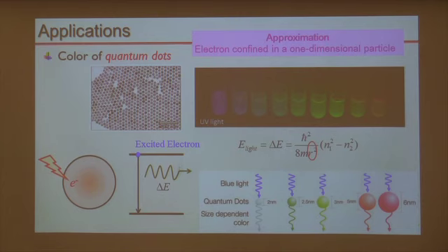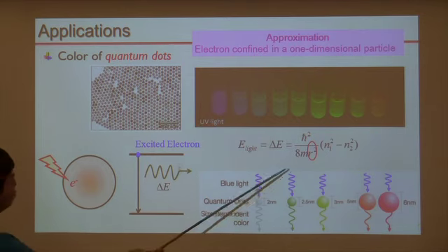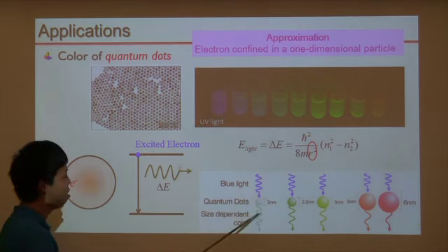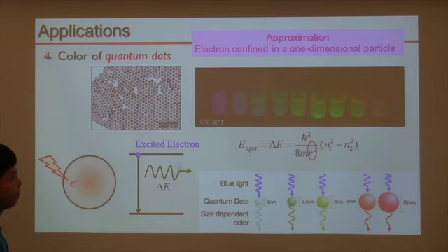So you change the size, you change delta E, you change the energy of light, then you change the wavelength, then you change the color. And to be more specific, if the radius is small, delta E is large.